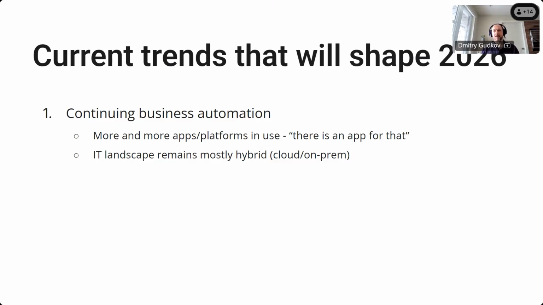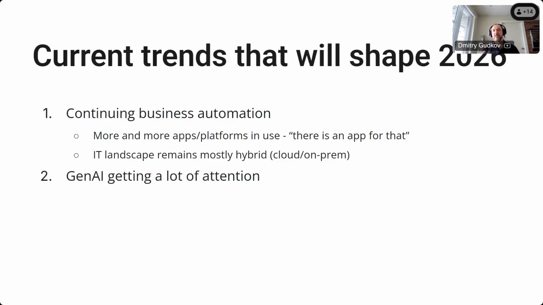And on the other end, it's extremely rare to see an organization that has all its systems and applications exclusively on premises or in a private cloud. So the IT landscape remains hybrid, where there is no strong distinction between intranet and internet. It's all mixed, and it will probably remain like that.